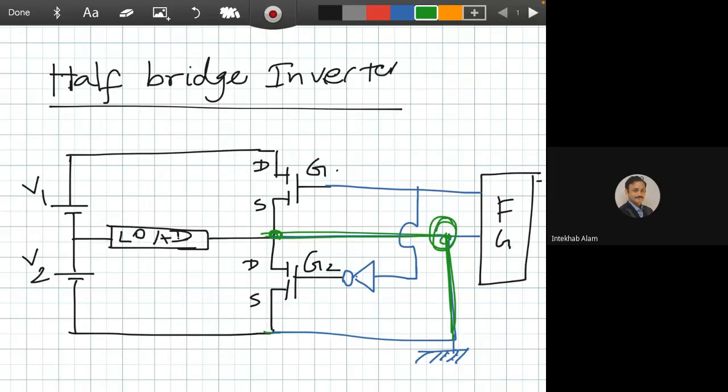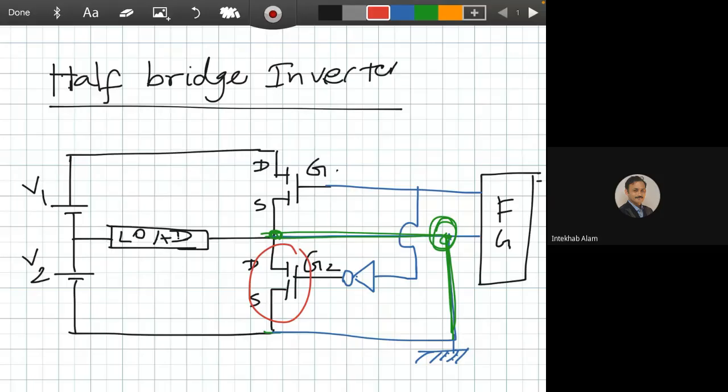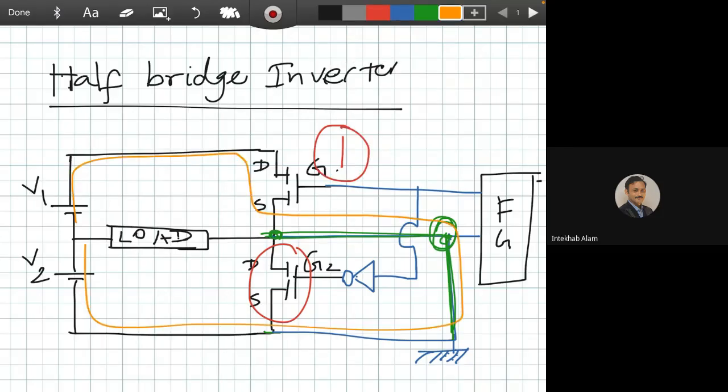So actually we are bypassing this MOSFET from the circuit. So whenever we switch on switch 1, there is a short circuit path in here. Is it okay?